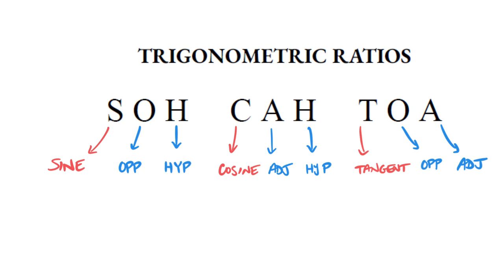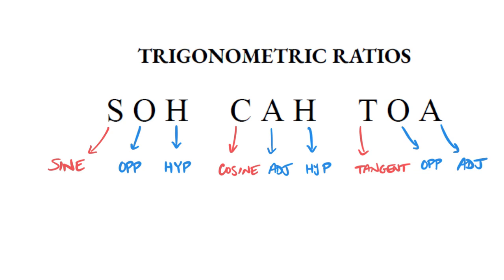What I've put up there, I would like you to copy down on your page. What SOHCAHTOA is, it is an acronym that tells us how to calculate our primary trig ratios. Each one of those letters represents something else. It is the first letter in their name.